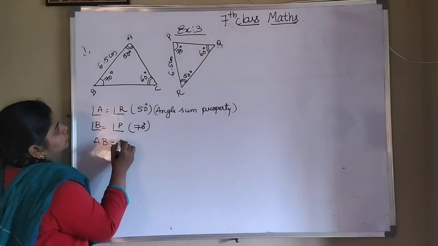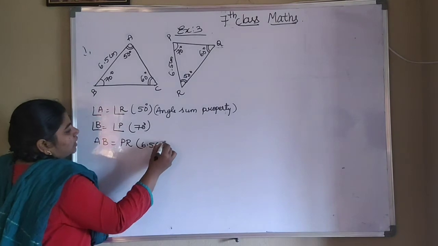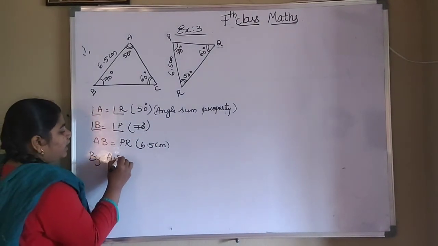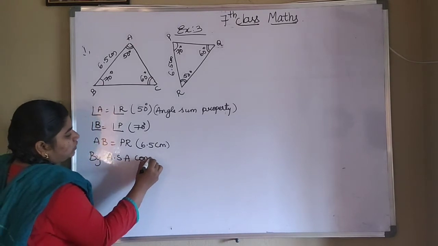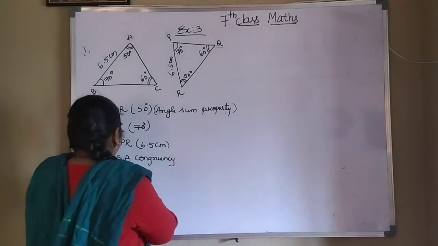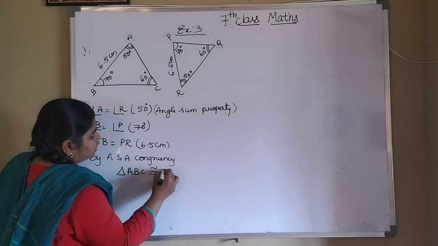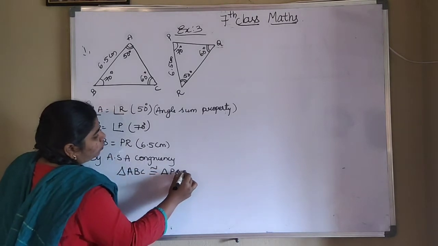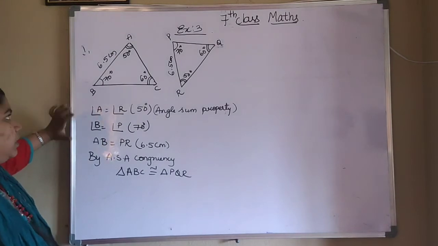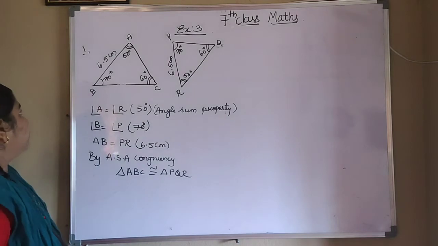AB is equal to PR, that is 6.5 centimeters. So by using ASA congruency, triangle ABC is congruent to triangle PQR. So this is our first one.